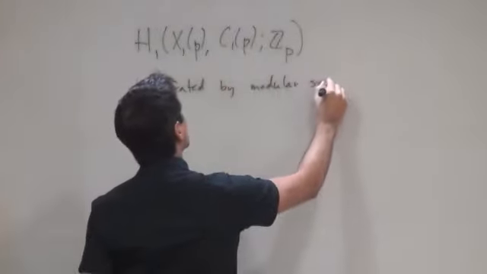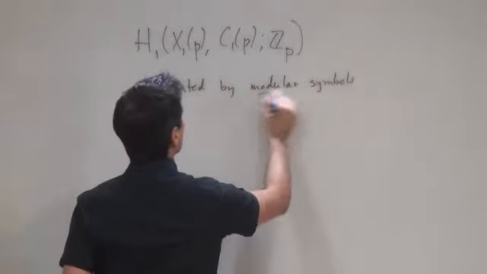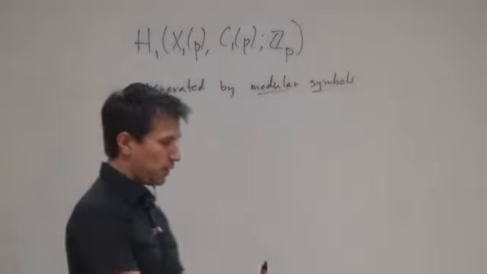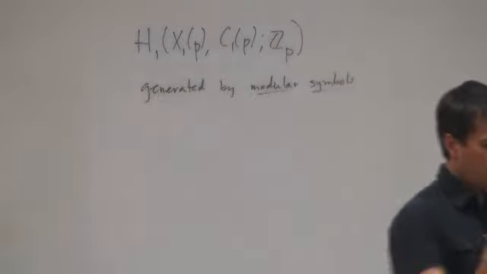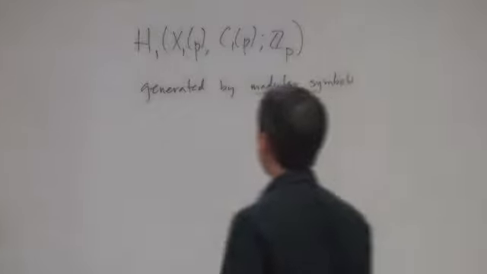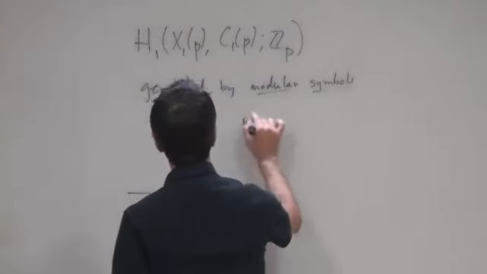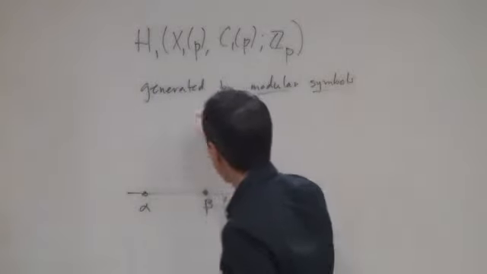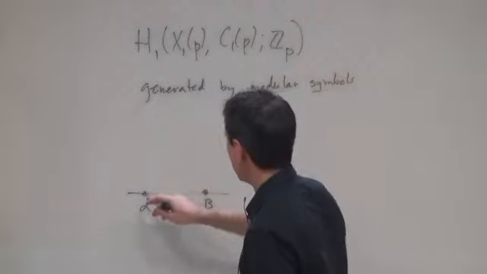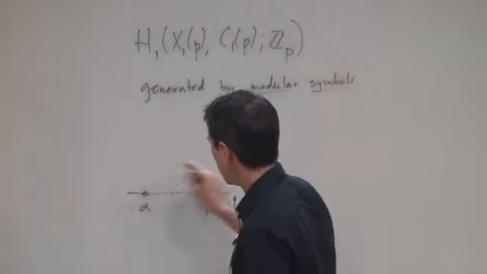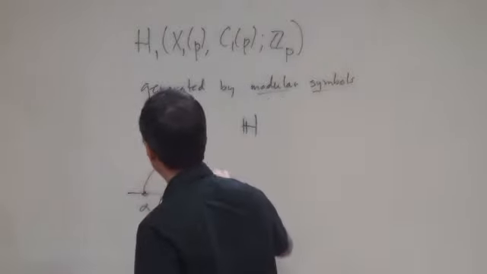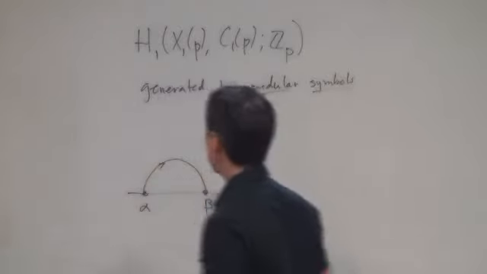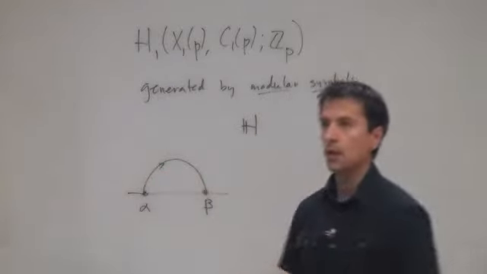So what are modular symbols? I take two cusps, so I need to find paths between one cusp and another cusp in X1(p). So what you do is you find that path inside H. So let's say I have two cusps here, alpha and beta, some rational numbers. Then I choose any path in H star, the interior of which is in H, from alpha to beta. Usually one typically takes the geodesic for the hyperbolic metric.